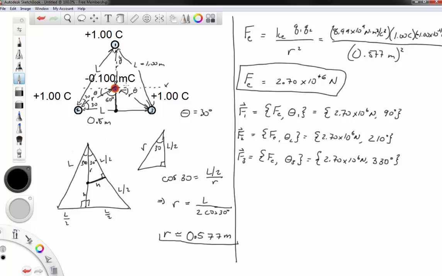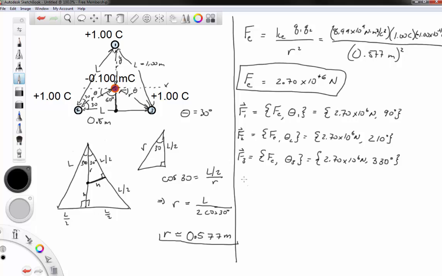If we were to rotate the triangle around, so that 3 is here, 1 is here, and 2 is here, for example, we should get all the same numbers. So we know that going all the way around is 360 degrees. We know that it's got to be split 3 ways. That means that there should be 120 degrees separation between the angles. And sure enough, there's 120 degrees separation between the angles. Okay, so that was step 2.